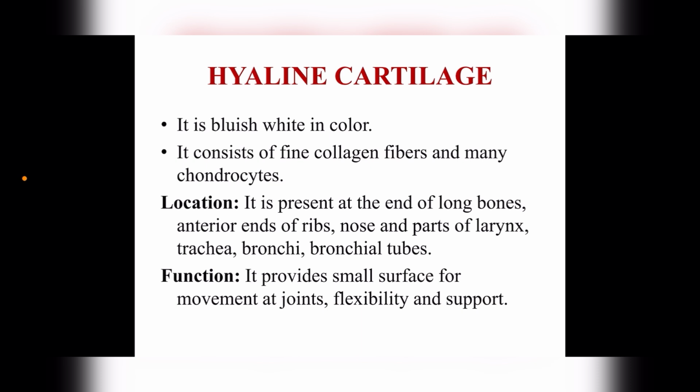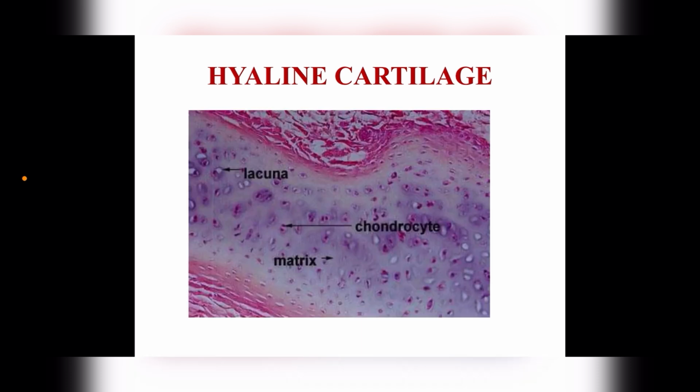These are some of the regions where it is normally found. Its function is to provide a smooth surface for movements at the joints, and flexibility and support. Here we can see the diagram of the hyaline cartilage, that is, lacuna, chondrocyte, and matrix after microscopic analysis.